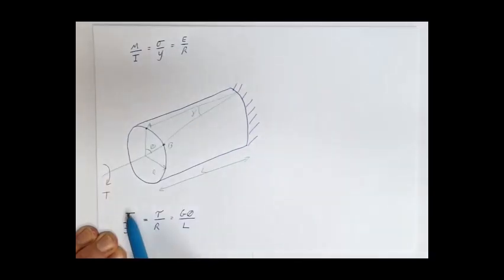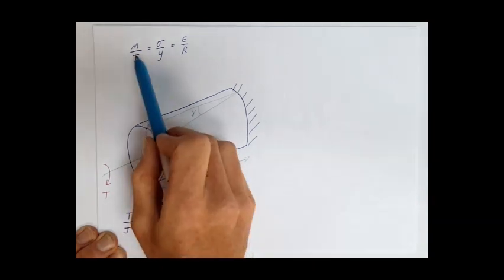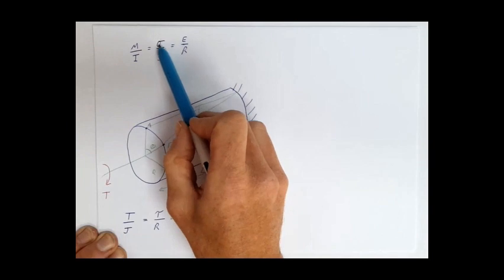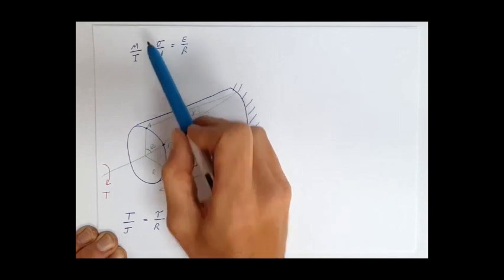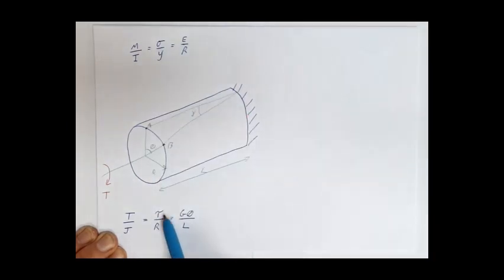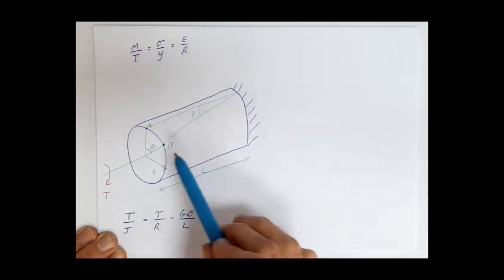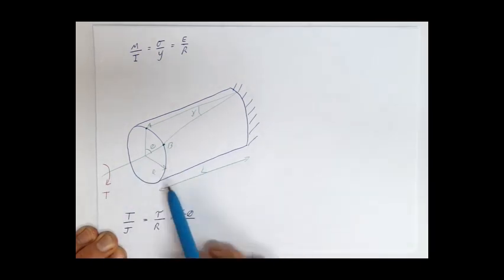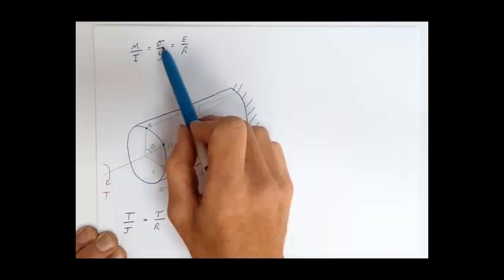Instead of applying a moment, we're applying a torque, T. I is our second moment of area, and J is our polar second moment of area. We'll discuss in a minute how we're going to calculate what J is. Sigma is our direct stress, tau is our shear stress. So as we apply our torque, we're stressing our shaft, but we're stressing it in shear. So we've got shear stress.